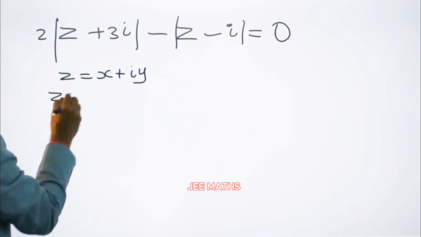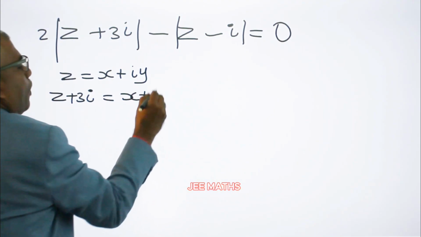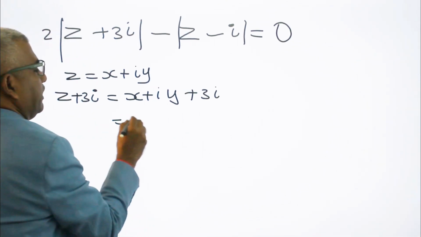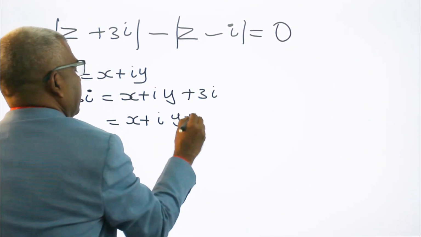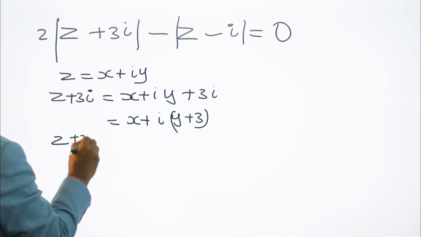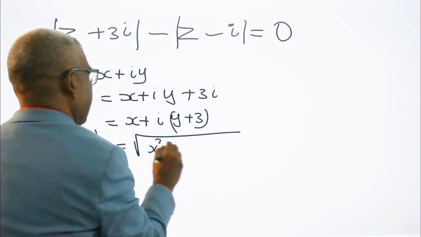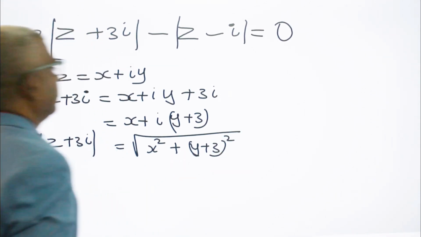Then z plus 3i is x plus iy plus 3i. What will it become? x plus i(y plus 3). Okay, the modulus of z plus 3i is the square root of x squared plus (y plus 3) whole squared.